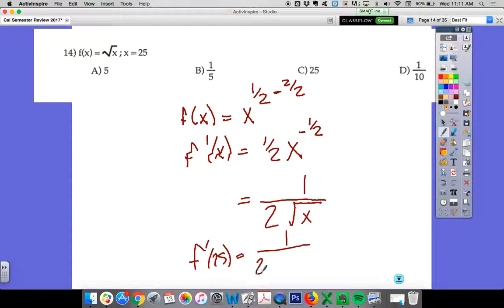What is the square root of 25? 5. So 2 times 5 gives me 10, so I got 1 over 10. That was kind of nasty, but y'all are supposed to have some skills.